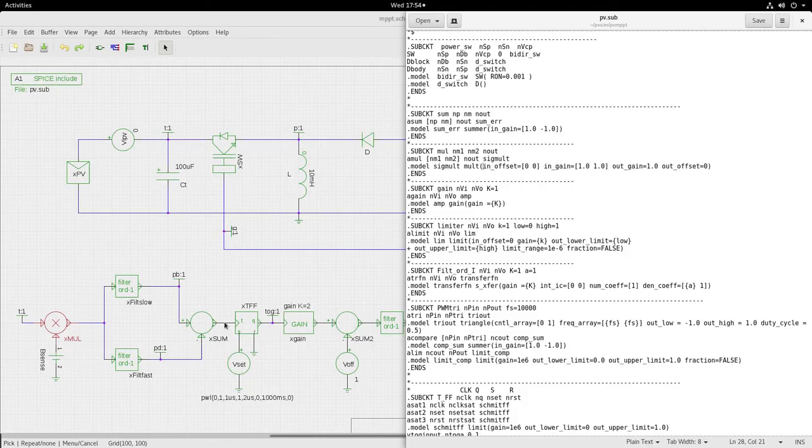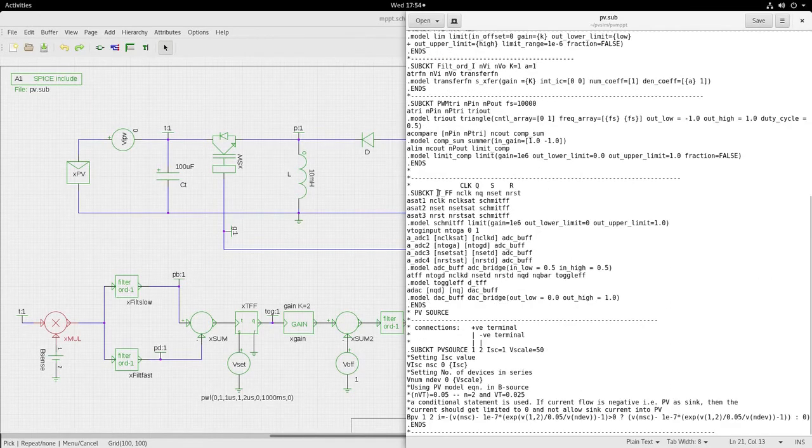The flip-flop, I have the summer block. The model of the summer block is here. Flip-flop block, the model for flip-flop is given here. You see subcircuit, toggle flip-flop, the inputs clock, then Q, output, asynchronous set, asynchronous reset.